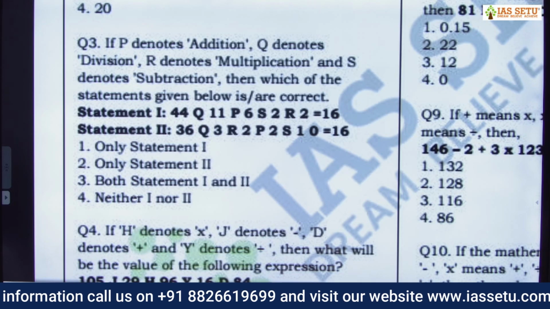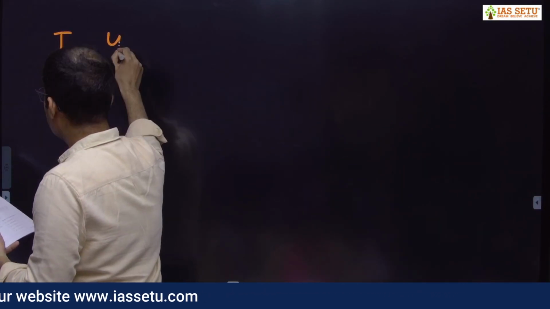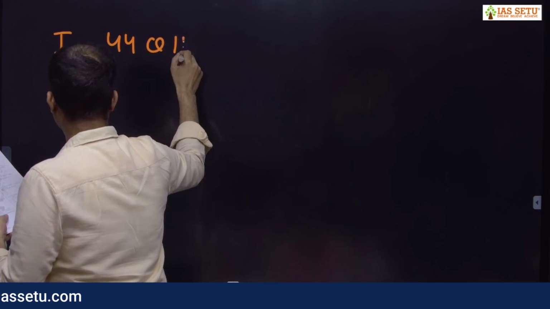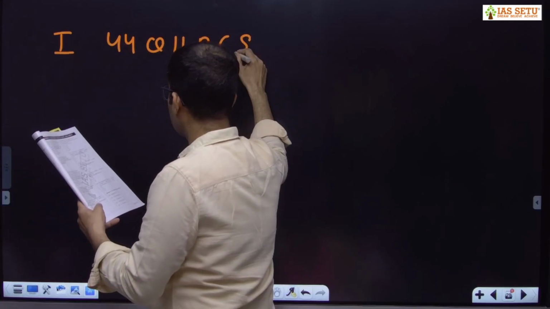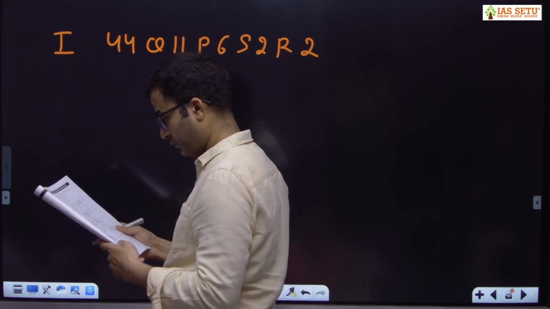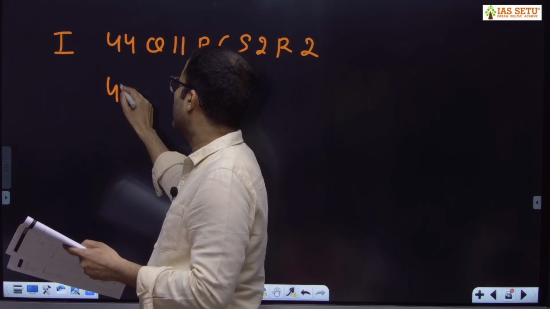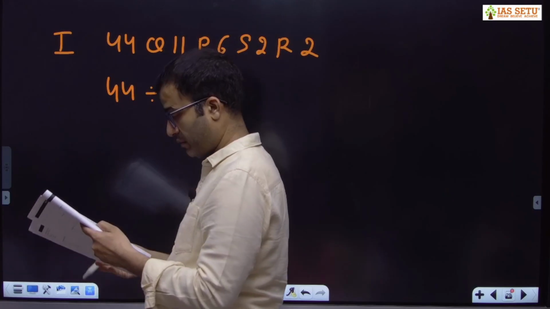Done. Let me check statement number 1. 44 Q 11 P 6 S 2 R 2. Q denotes division, so 44 divided by 11.